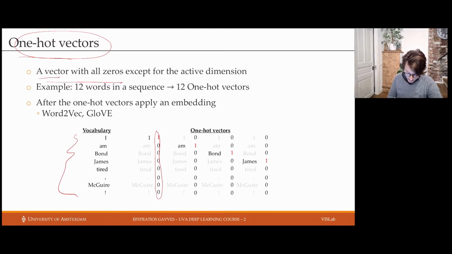For instance, in this example we've got 1, 2, 3, 4, 5, 6, 7, 8 possible words. This means that we're going to have an 8-dimensional one-hot vector, and the one-hot vector of each word is basically a vector of zeros, except for the location that corresponds to the word itself, which then becomes a 1 in the vector.